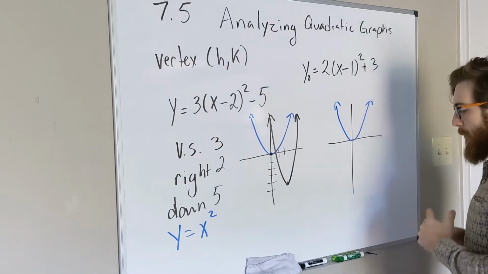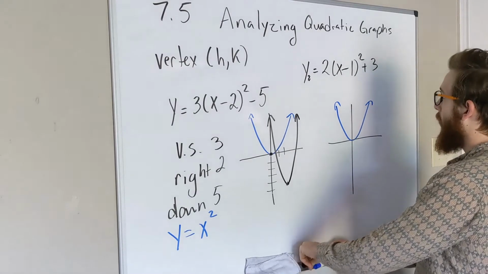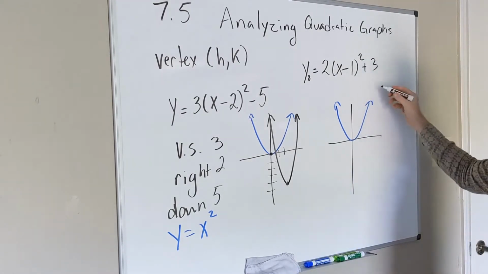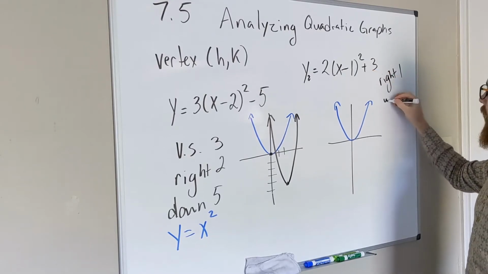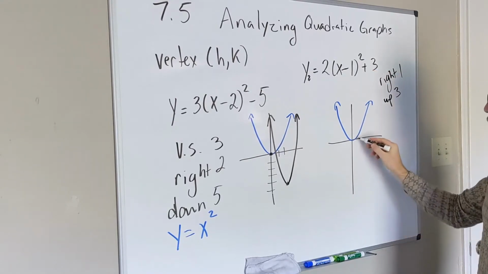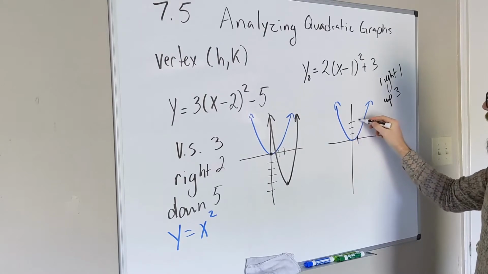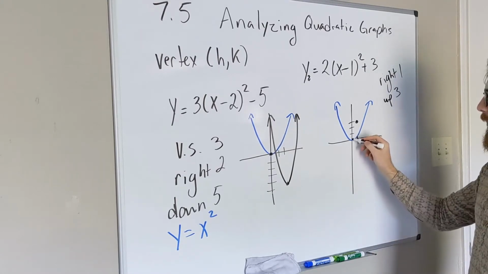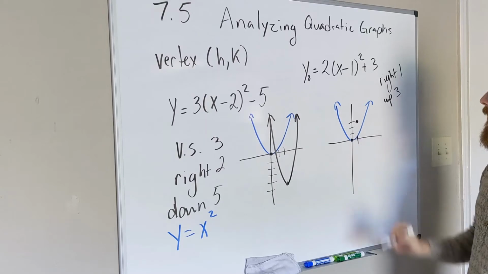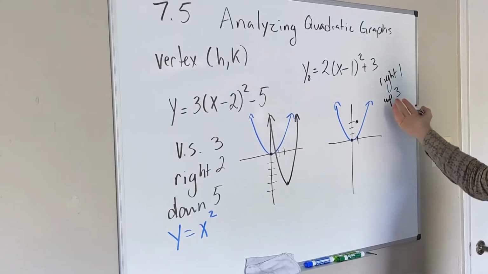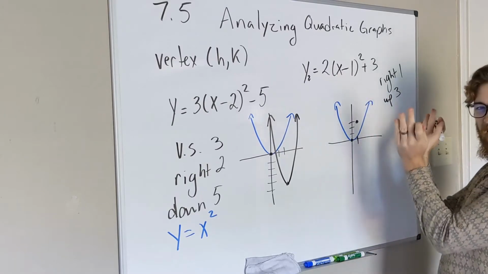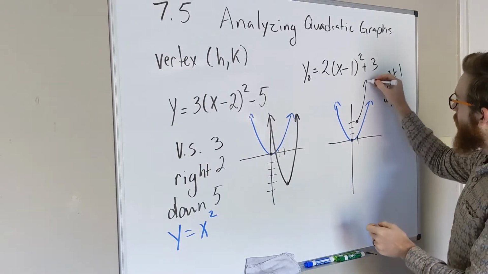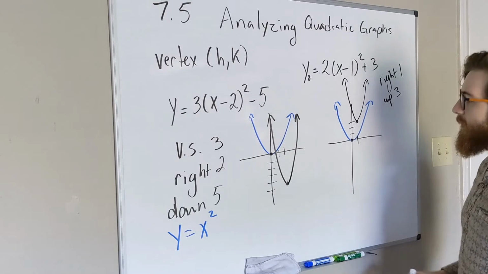So minus 1 means left or right 1. Well, it means right 1. And this means up 3. So right 1, 1, 2, 3. So my vertex has shifted. Now I can also account for this 2, which means slightly narrower. So it should be like this.